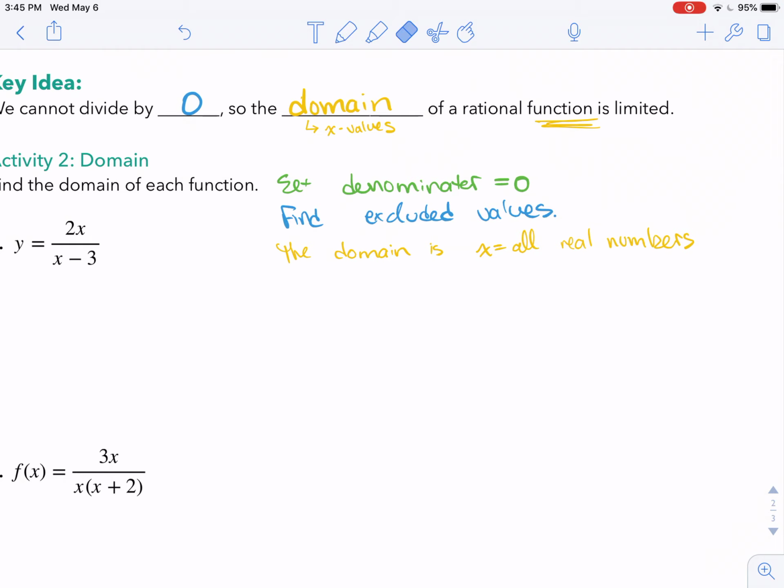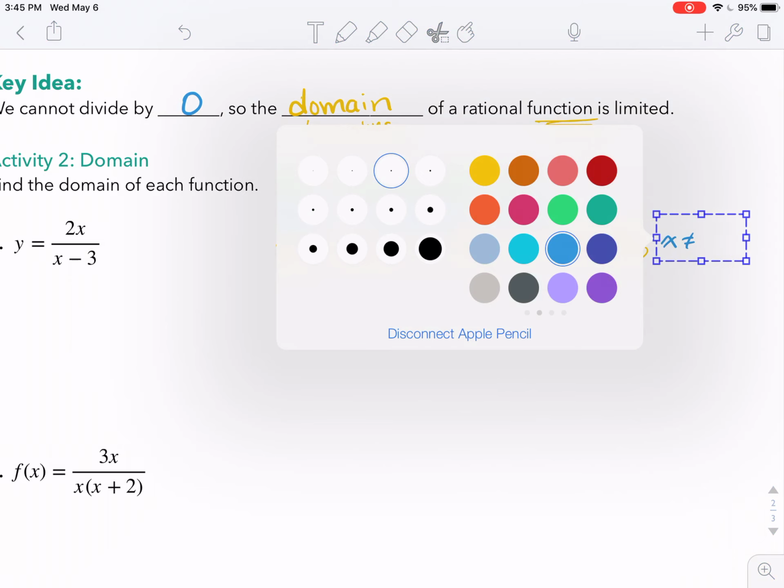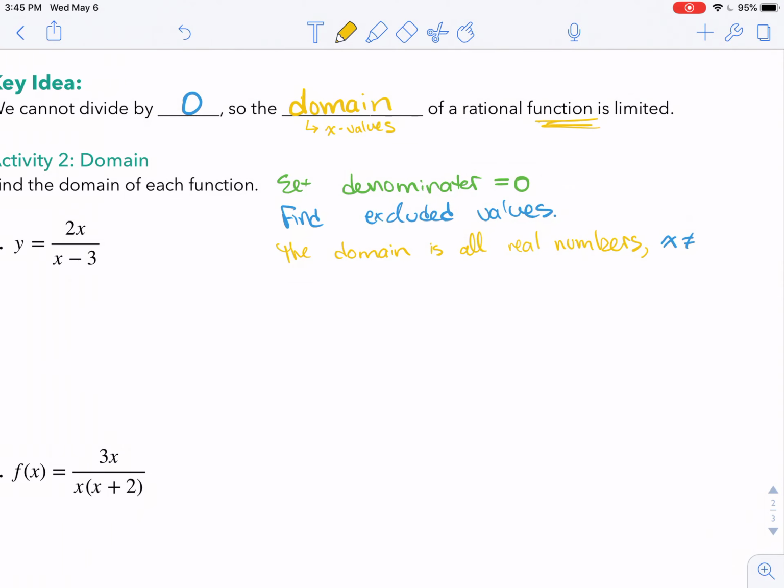The domain is all real numbers where x does not equal whatever our restricted or excluded values are.